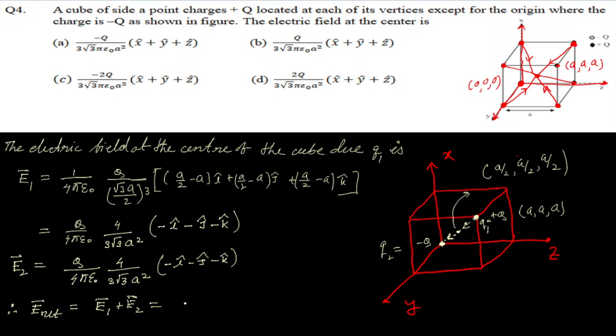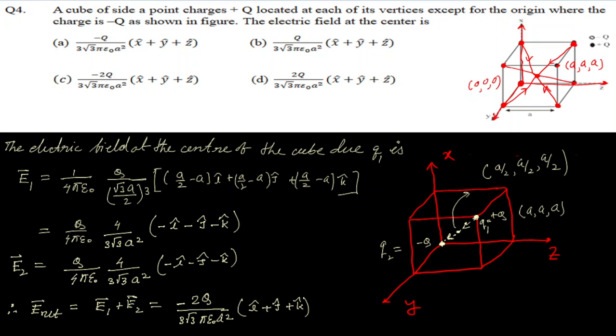It will be simply 4 plus 4 is 8, so minus 2Q divided by 3 into root 3 pi epsilon naught a square, and then i cap plus j cap plus k cap.